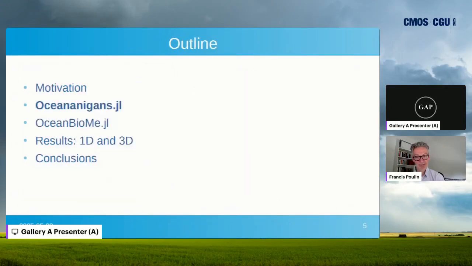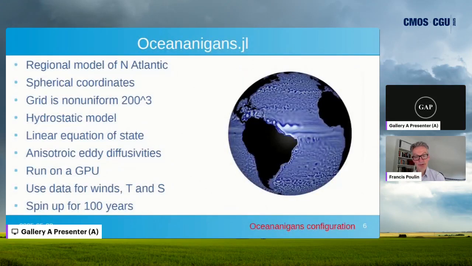Next, please. So in terms of the particular numerical model we're going to be using to study plankton blooms in the ocean, we're using Oceananigans, which is written in Julia, a fairly new language, but has lots of fancy bells and whistles and aims to be very fast and friendly. We're doing not a global model, but a regional model of the North Atlantic in the context of just a box, or a cube, I should say, when we do 3 dimensions.